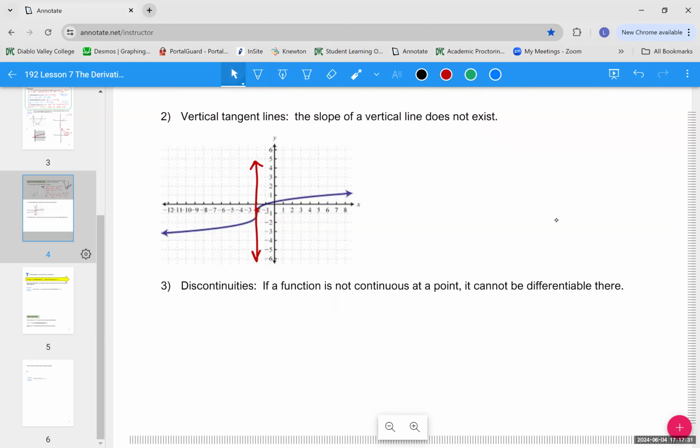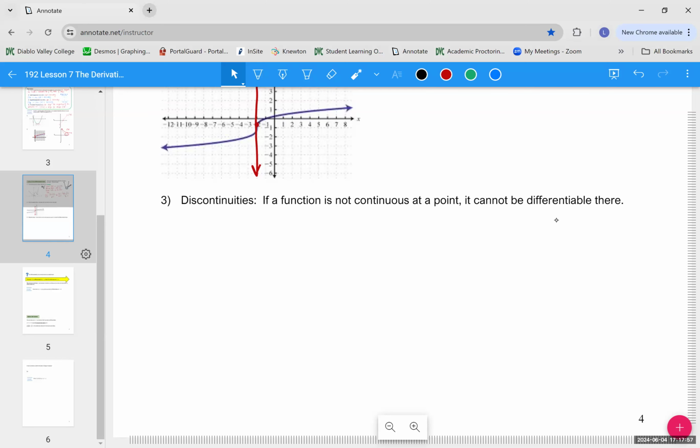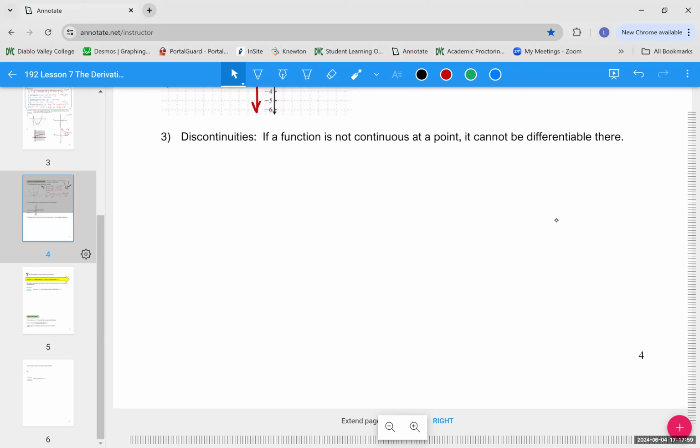And last but not least would be discontinuities. If you have a point where a function is not continuous, it cannot be differentiable there. If it's a jump, you're looking at two different functions, so there is no such thing as a tangent line. If it's an infinite, like a vertical asymptote, it's not even defined there. And same with removable. So if it's not continuous at a point, it cannot be differentiable there.